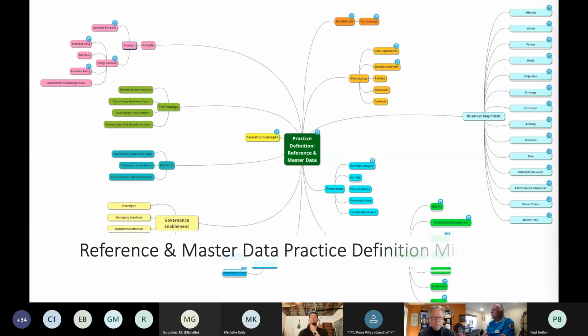This is just a practice definition mind map that we use. It's got all the details. So when you are building policies, procedures, and things like that, it's nice to have a standard definition that you can use almost as a recipe to apply to your other areas. And this is one that we've developed for reference and master data. And you can see all the different areas that you need to deal with.